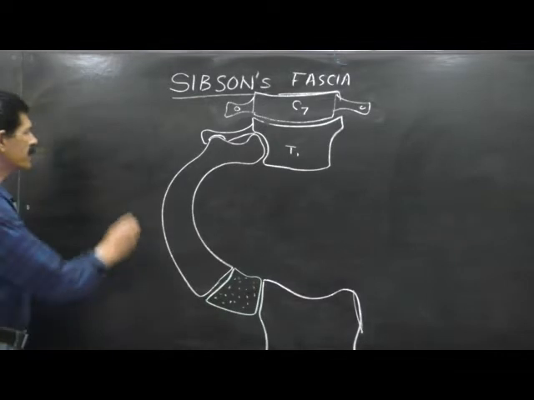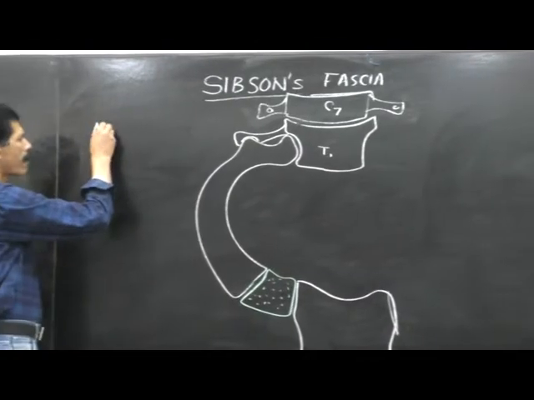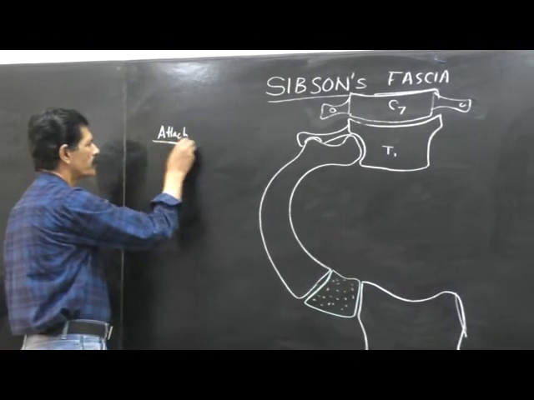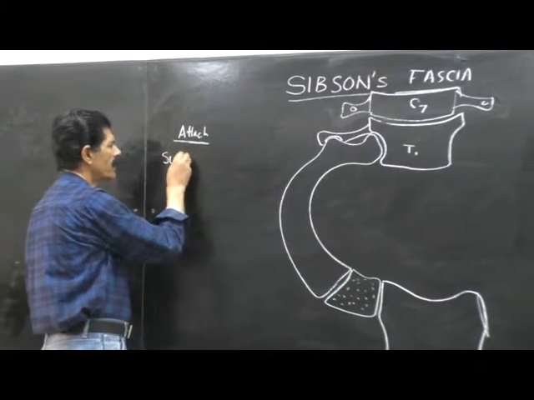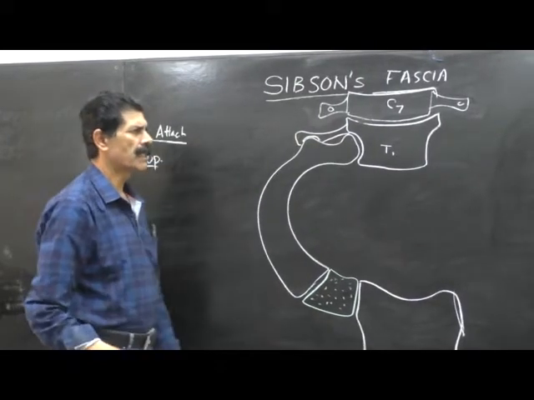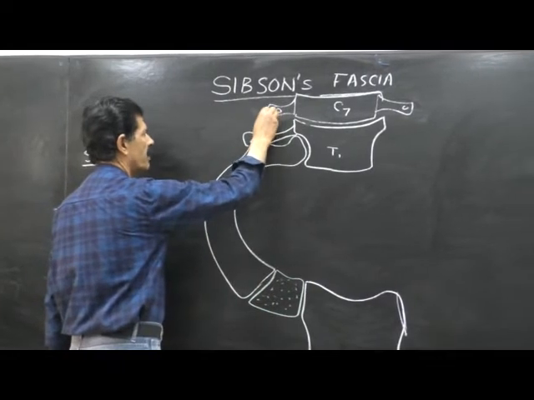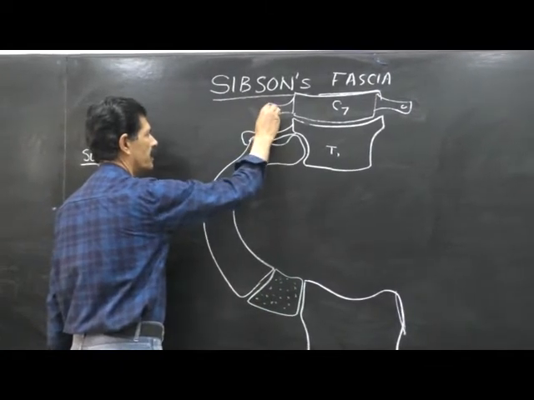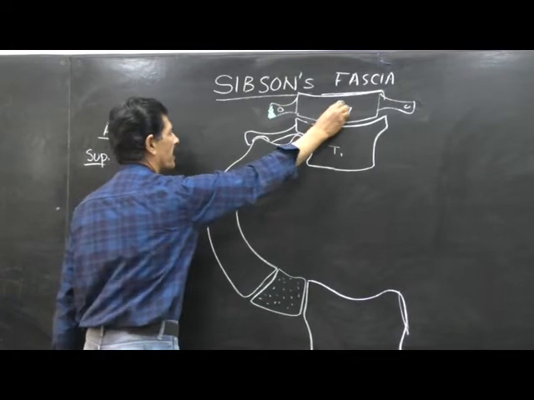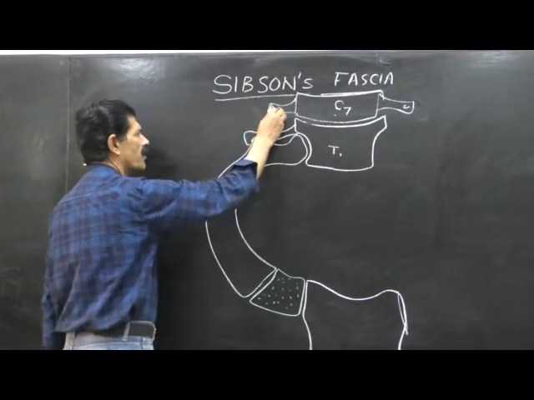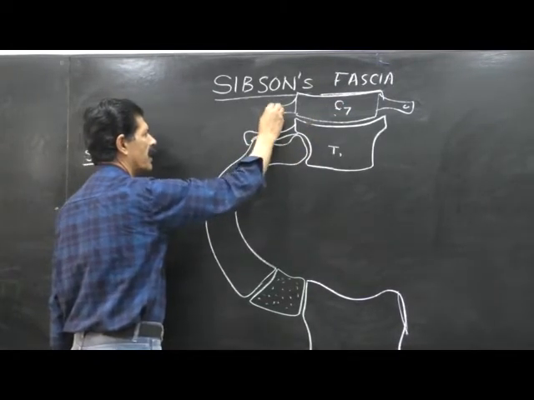So regarding its attachments, superiorly, it is attached to the tip of the transverse process of the C7 vertebra, the superior tip is the attachment.